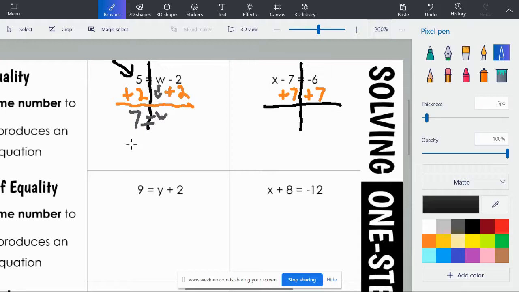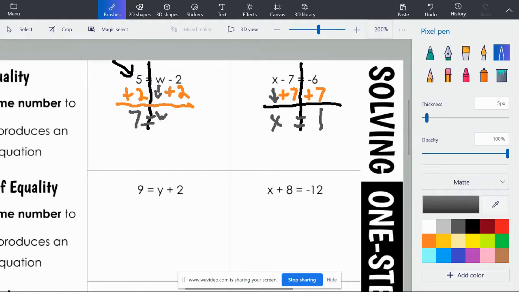Minus 7 plus 7 cancels out. All we're left with on the left is x, so we can bring that down, bring our equal sign down. And negative 6 plus 7 is positive 1.